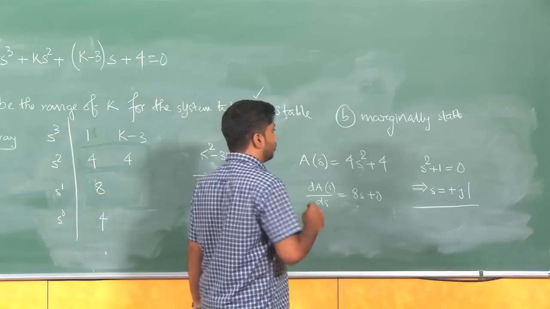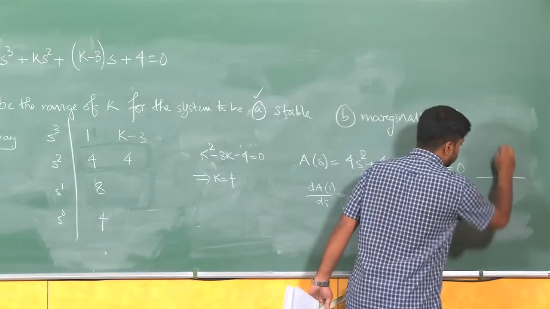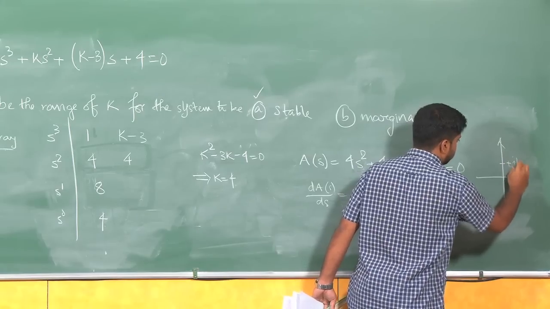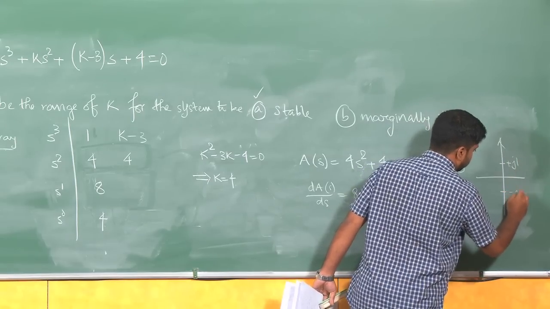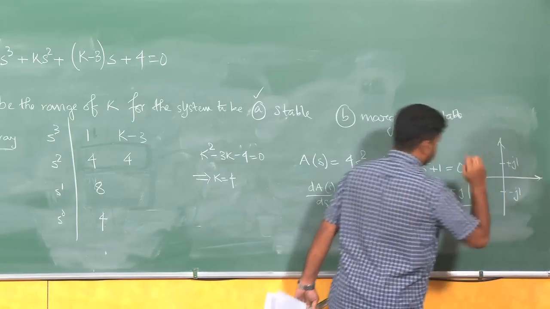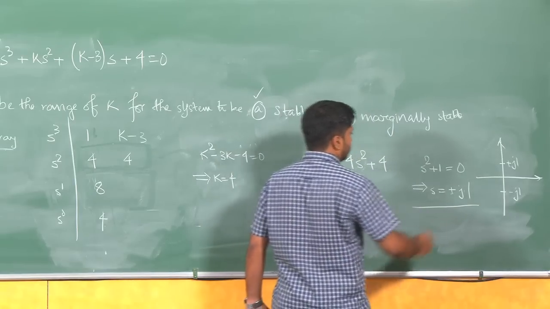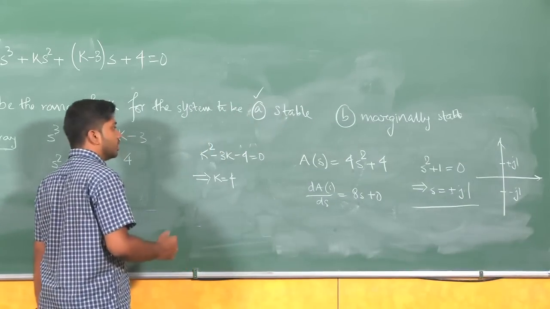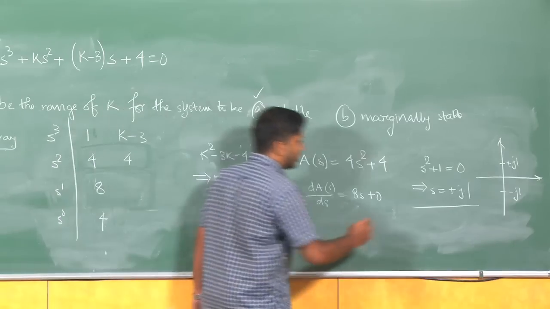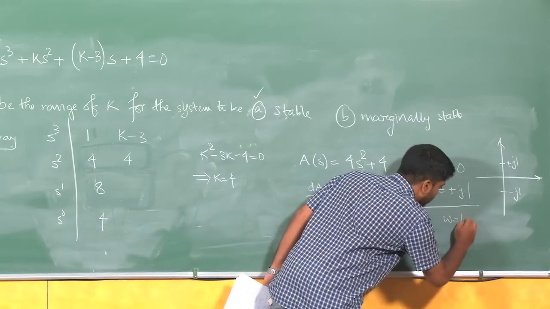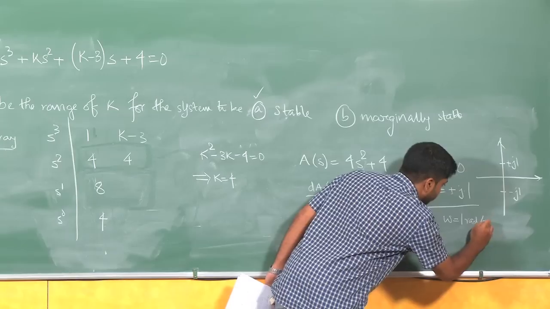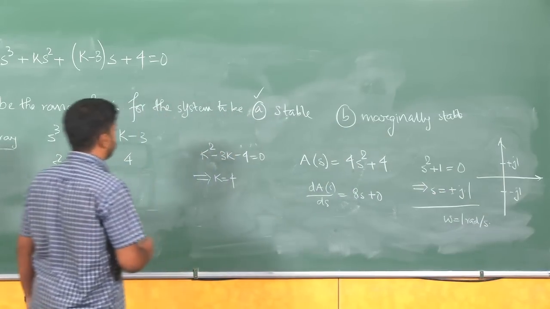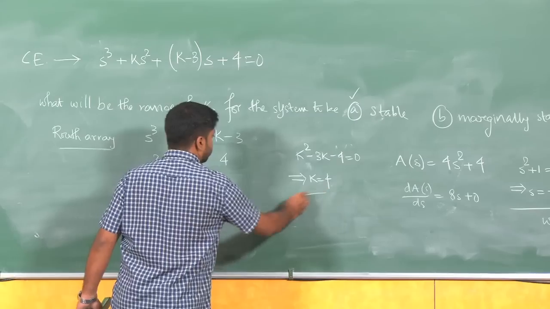So, there are two roots on the imaginary axis at plus j1 and at minus j1, and then the system is marginally stable, oscillating at the frequency omega equal to 1 radian per second. So, k will be 4.